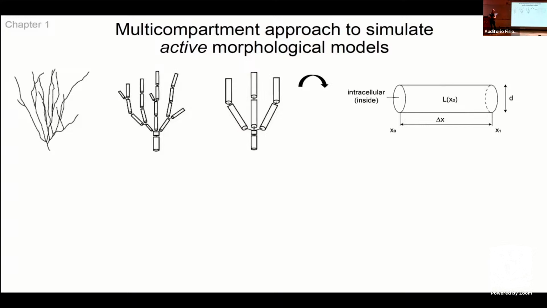The other part of our group is trying to find general principles to simulate the growth of a cell. In part they also look at how the diameters of the dendrites change. There is some tapering and some scaling law involved, and that is in the model. So it is tapered.